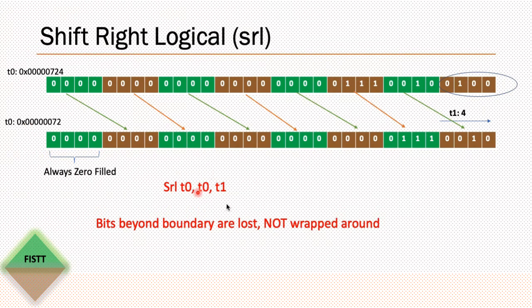Even in this case, the bits that are shifted beyond the boundary are lost, not wrapped around to the MSB side. With the same value and 4 in the T1 register, if it's shifted by 4, these 4 bits will be lost, all the nibbles are shifted to the right by 1, and 4 bits are introduced here, which are always 0 filled. In logical shift, these MSBs are always 0 filled.